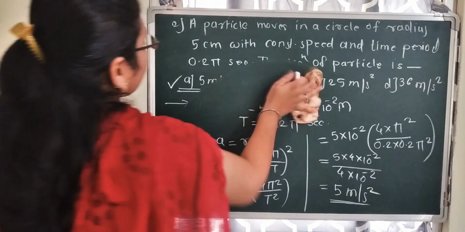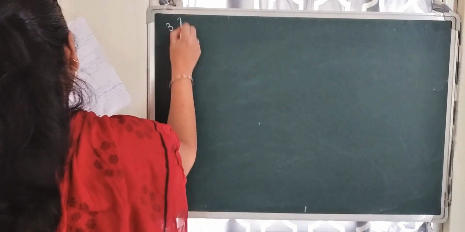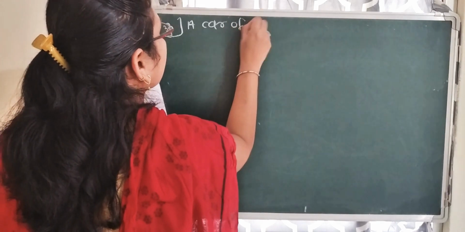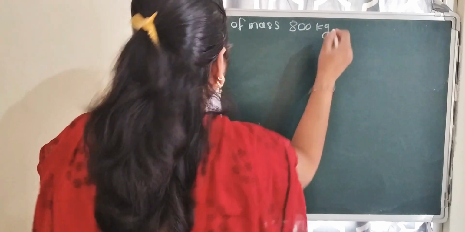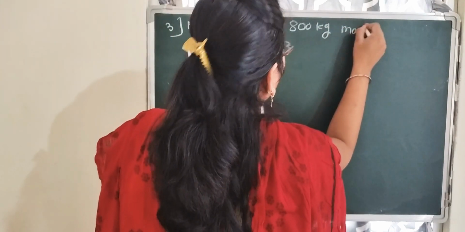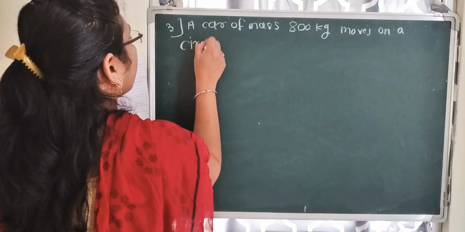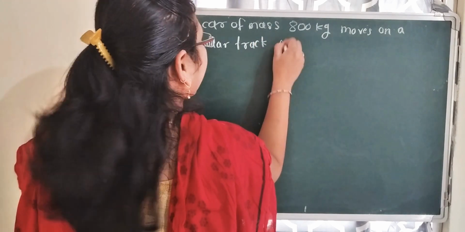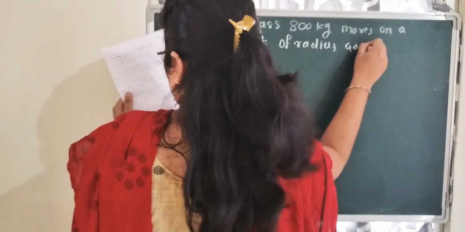Okay, then next we will see the third example. A car of mass 800 kg moves on a circular track of radius 40 meter.